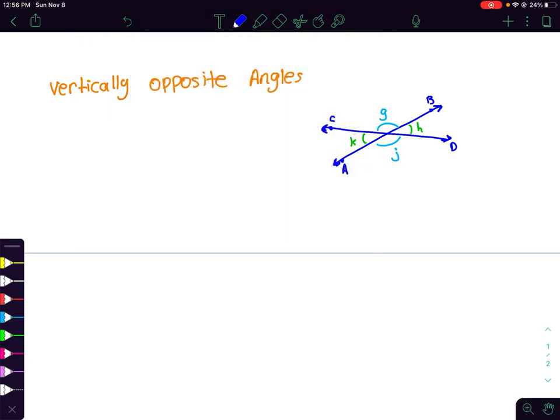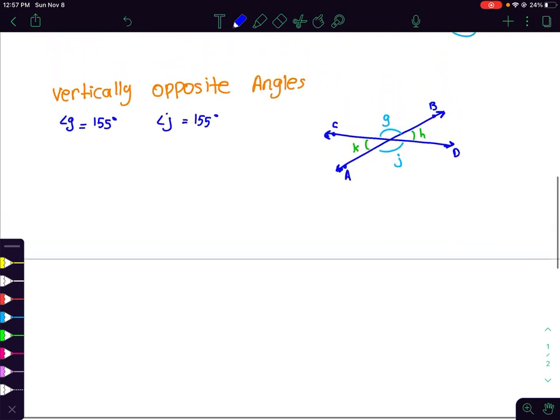So we use a protractor to find the angle measures. And we realized angle G is equal to 155 degrees, and angle J is also 155 degrees. That's interesting. So G and J, they're 155 degrees.